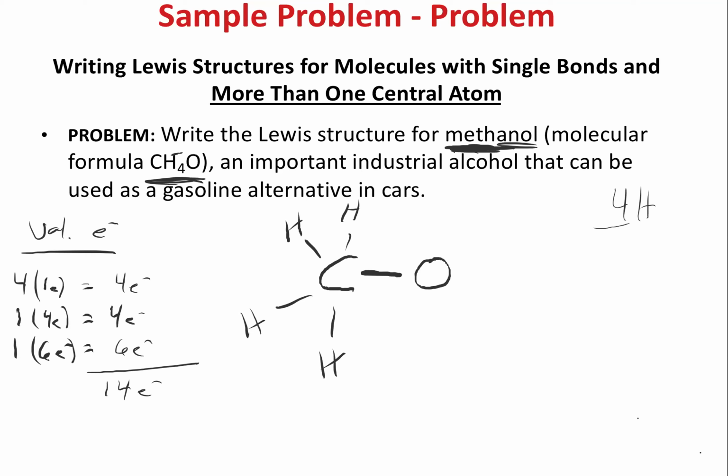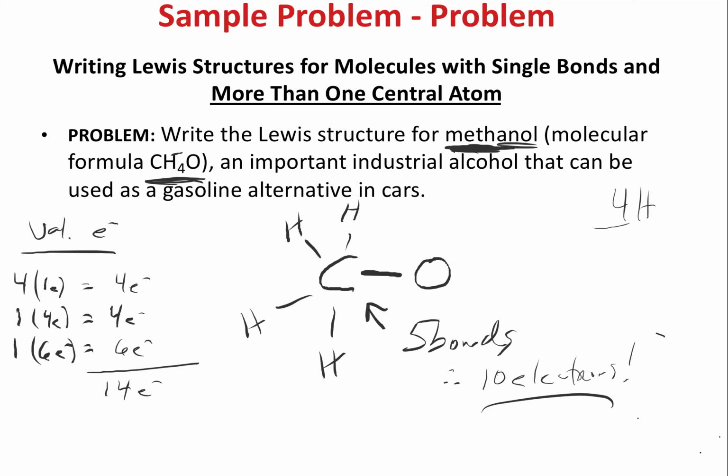Octet rule. What about this central carbon right here? How many electrons are associated with it right now? How many bonds does it have? Does it have 5 bonds? Which would mean that 10 electrons are associated with it.